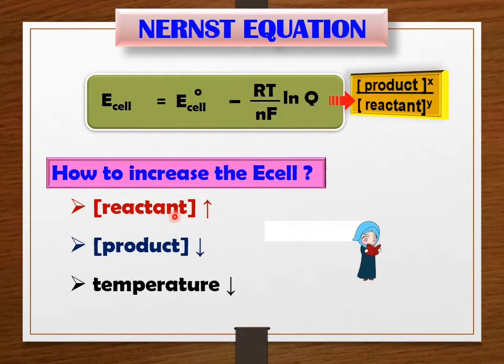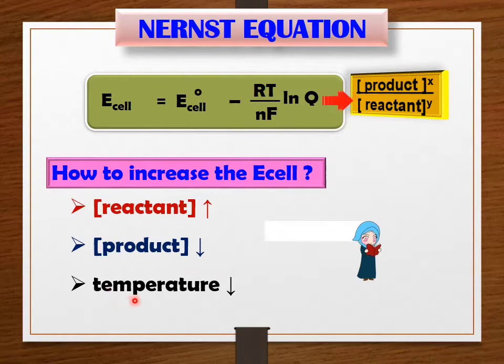The first tip is that we can increase E cell by increasing the concentration of reactant. If the concentration of reactant increases, the cell potential also increases. Number 2, if we decrease the concentration of product, it will also increase the cell potential.